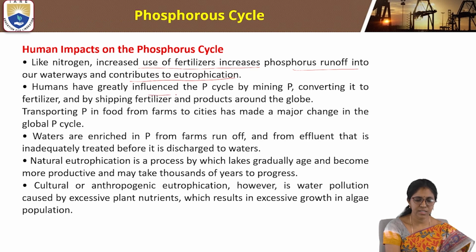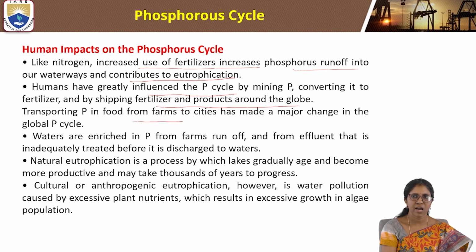Humans have greatly influenced the phosphorus cycle by mining phosphorus, converting it into fertilizer, and by shipping fertilizer and the products around the globe. So transporting phosphorus in food from farms to cities has made a major change in the global phosphorus cycle.